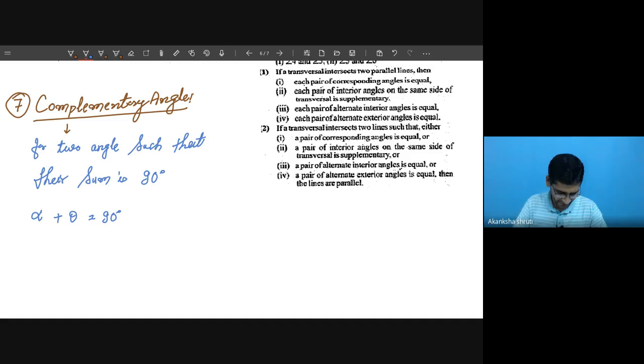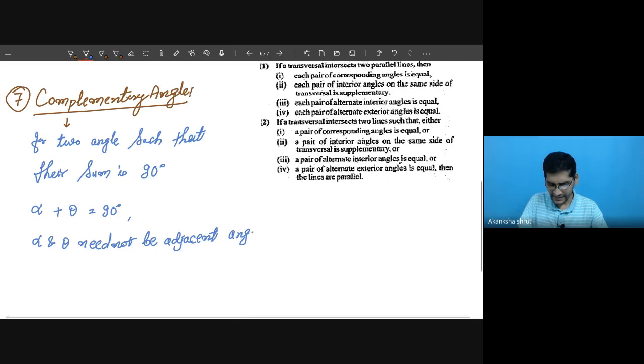Students, here alpha and theta need not be adjacent angles. If they are adjacent angles, then it is also okay.